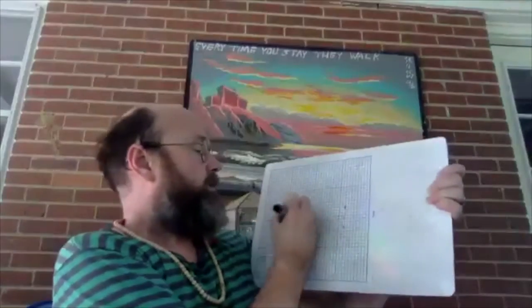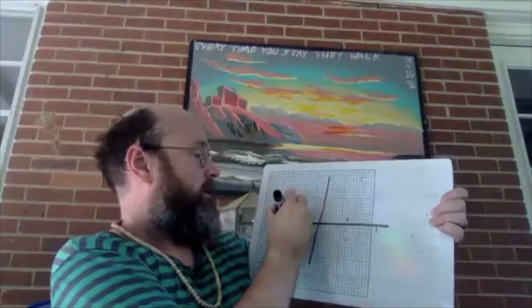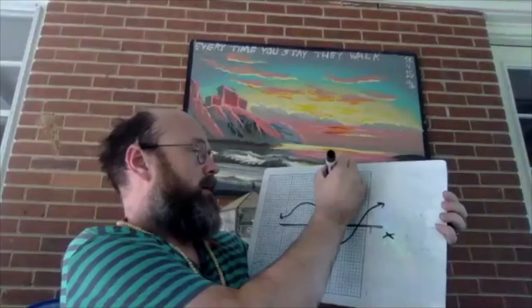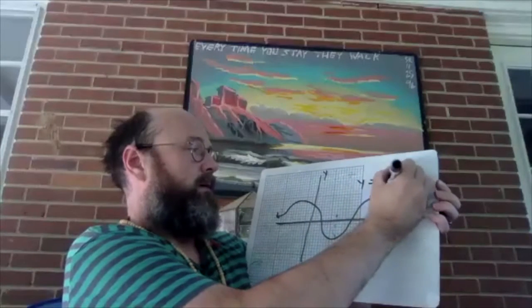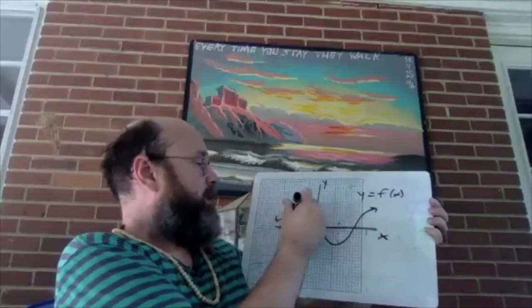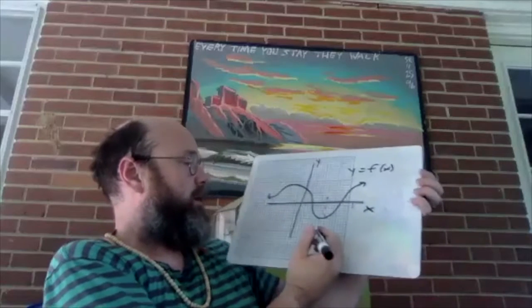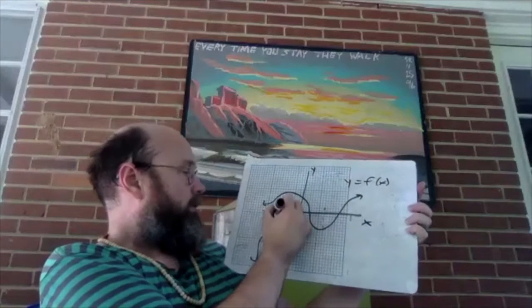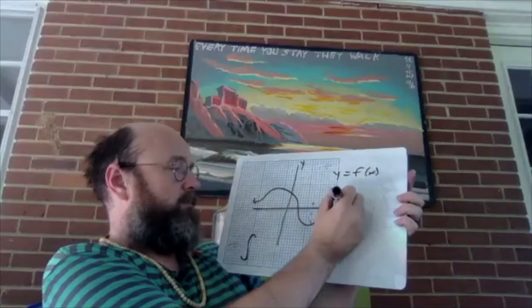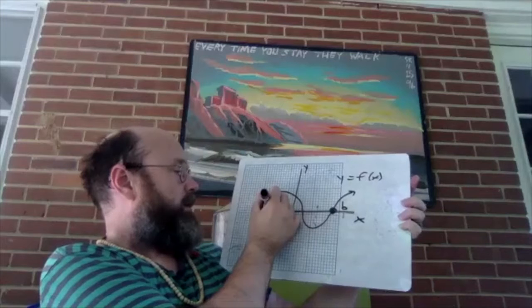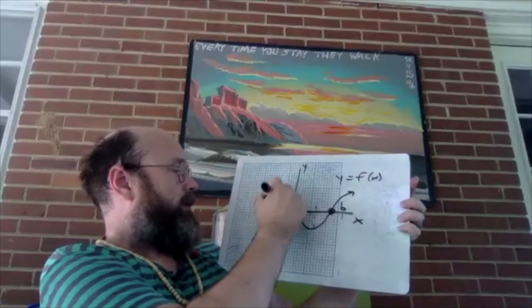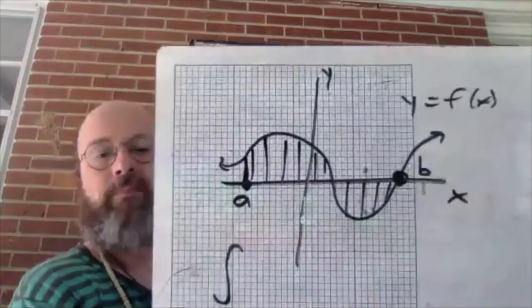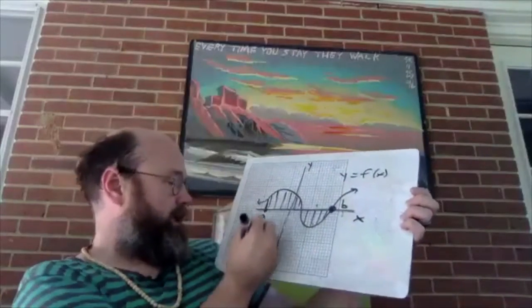Now, what if your function looks like this? Notice it's above the x-axis here, but it's dipped down here below. Now, I said before that I wanted to find, let's say that that's the point B. Let's say that this is the point A. If I want to find the area under the curve, that would be given by this notation.